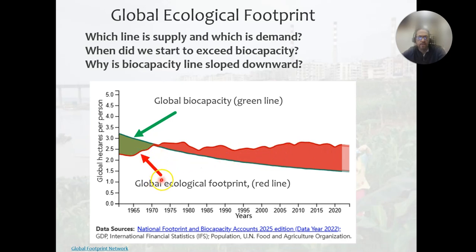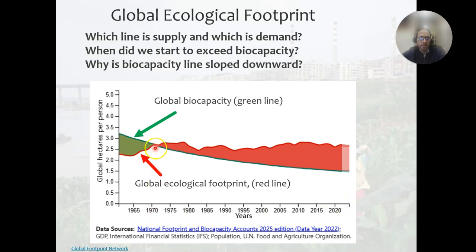The problem is that this is the global biocapacity. So this is your supply. So demand, supply. So you can see at what point did we start to exceed biocapacity? And you can see this is from 1965 through 2022.